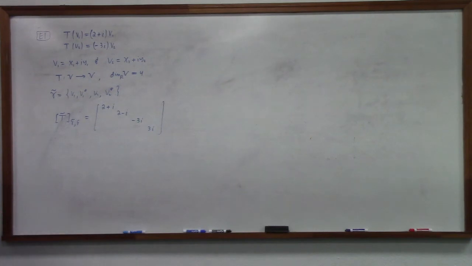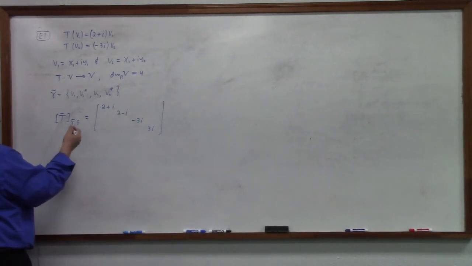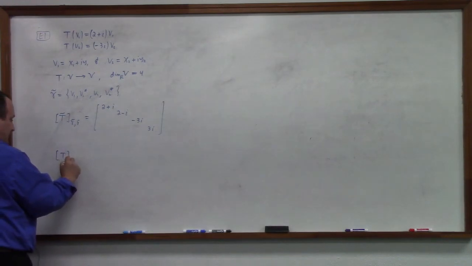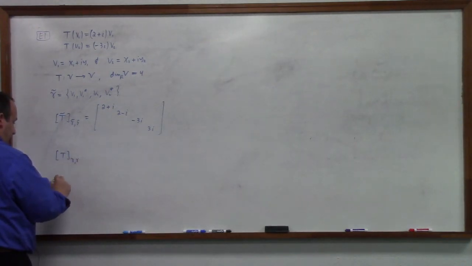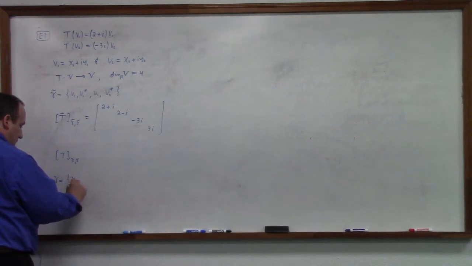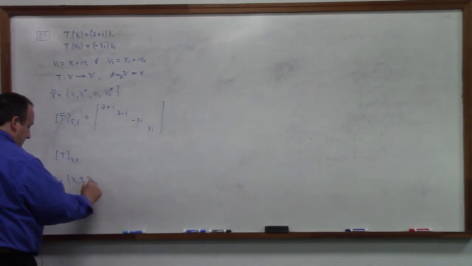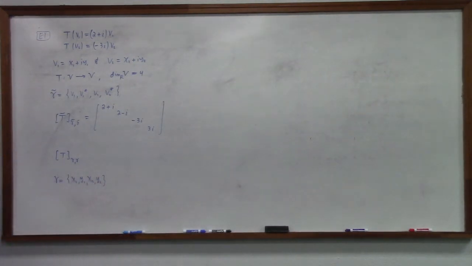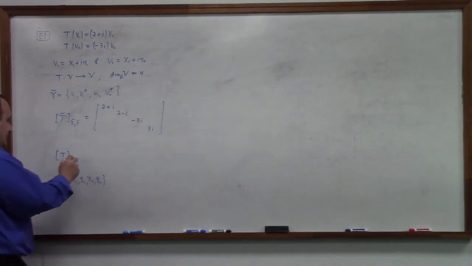This is for the complexification of T. But the matrix of T with respect to the gamma basis, where here gamma is what? It is x1, y1, x2, y2. So you just list out the real and imaginary parts of your corresponding complex eigenvectors.